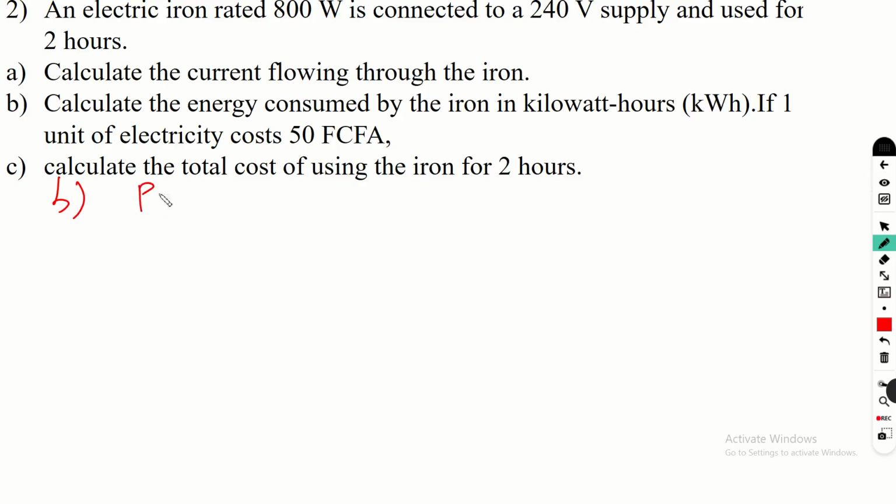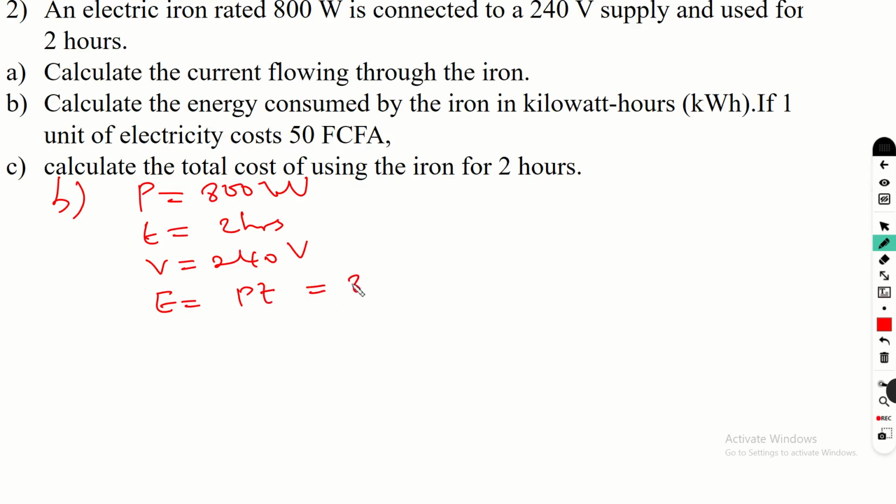They give us power, it's 800 watts. They give us time, which is 2 hours. They give us a volt, which was 240 volt. So energy is same as power times time, which gives you 800 watt times 2 hour, will give you 1600 watt hour.